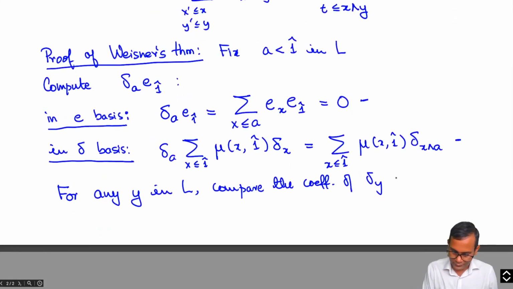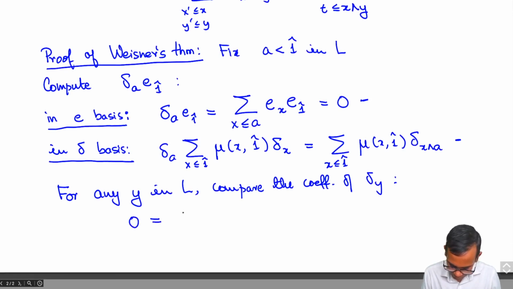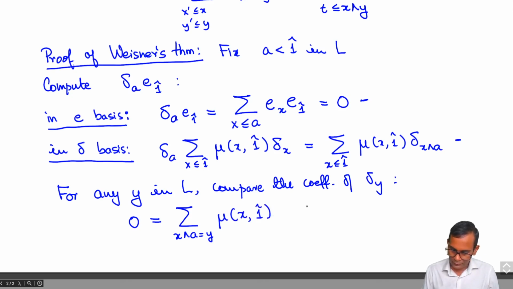So what we get is that in the first expansion the coefficient of delta_y is 0, and so 0 is equal to the sum over x with x meet a equal to y of mu(x, 1hat). It's the coefficient of delta_y in this expression over here.